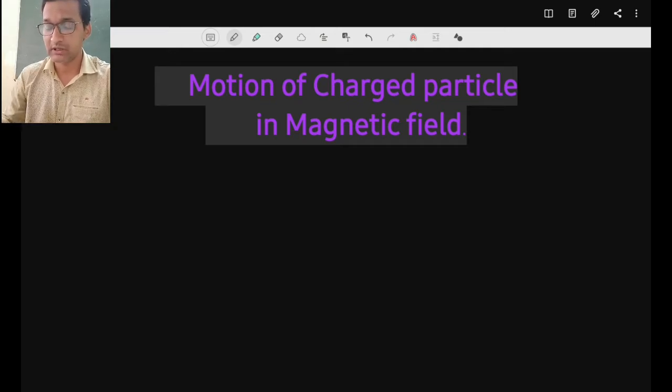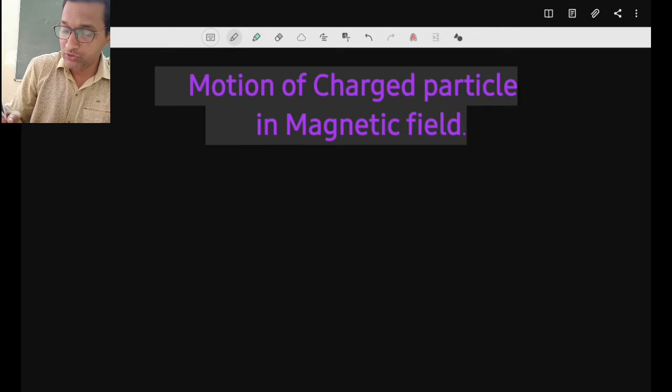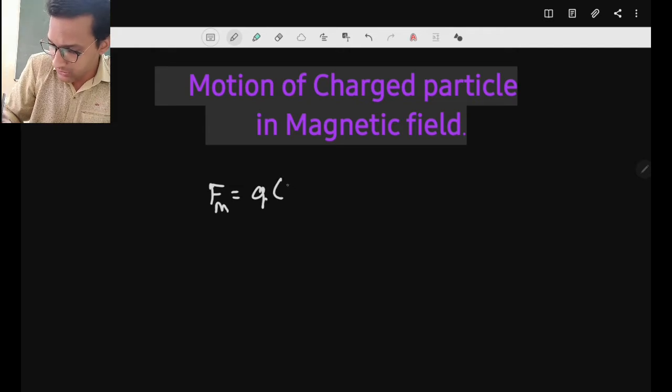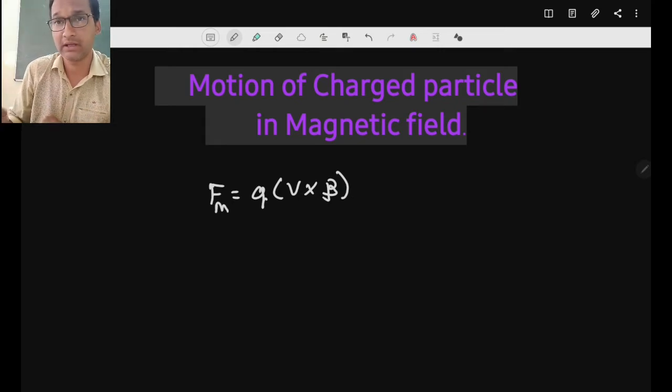Now, if a charged particle is going to enter a uniform magnetic field, there is going to be a force that is going to act on this particle. And this force, which is magnetic force, is given by Lorentz equation. This force is Q into V cross B, where B is the magnetic field.